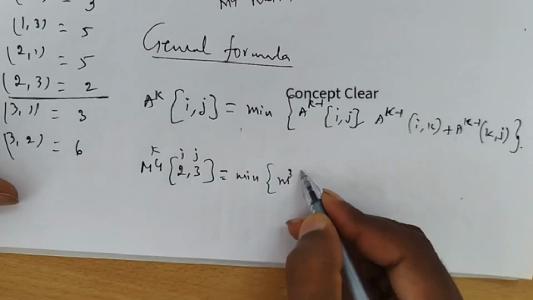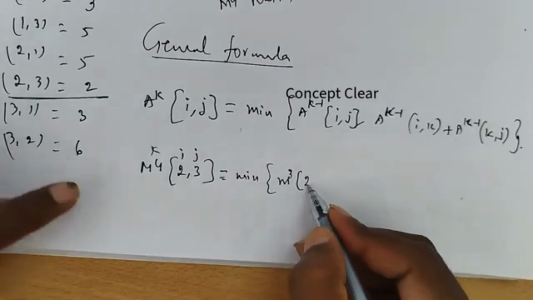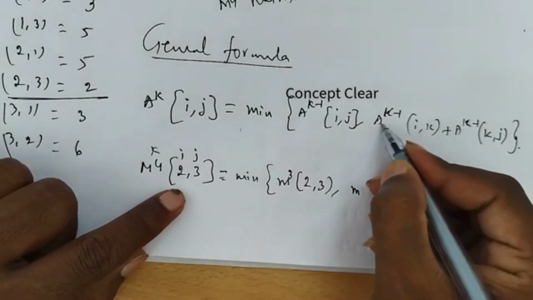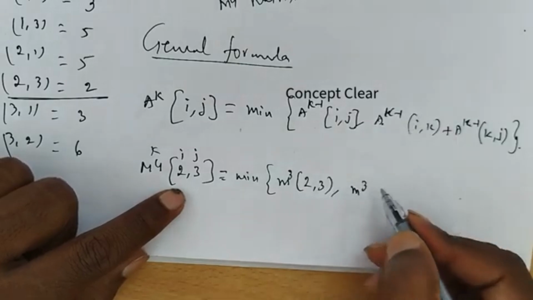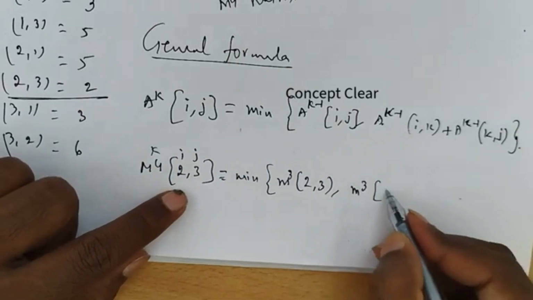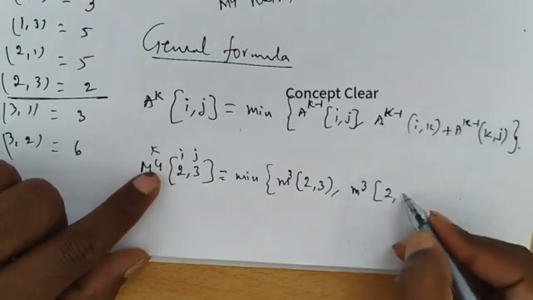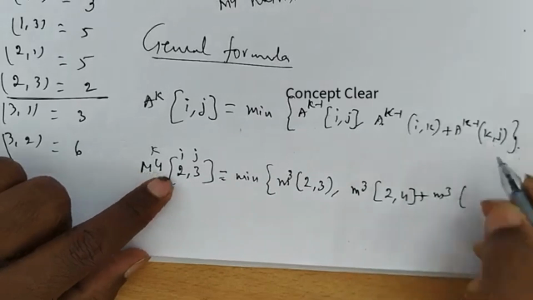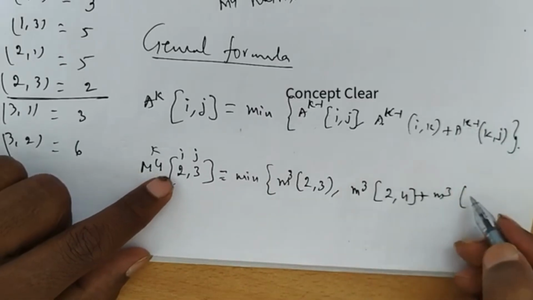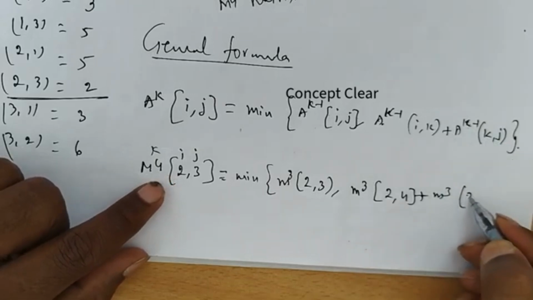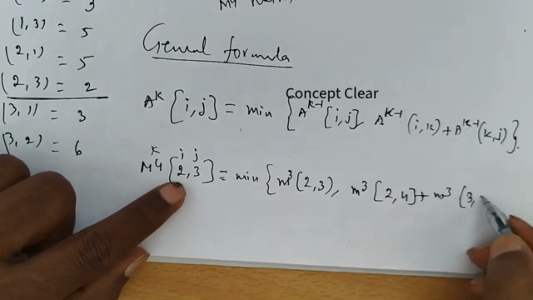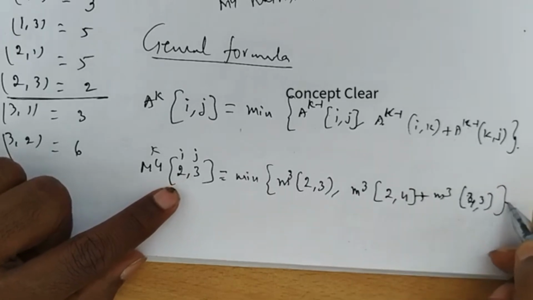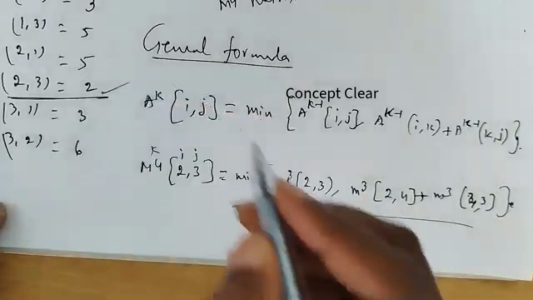So M3 of i comma j means the value of 2 comma 3, plus M3 of i value, which is 2, and the k value is 4, so M3 of 2 comma 4, plus M3 of 4 comma 3, since the k value is 4 and the j value is 3. If you calculate this value, we will get 2 again.